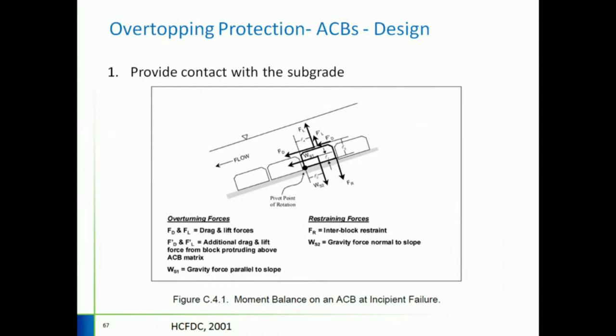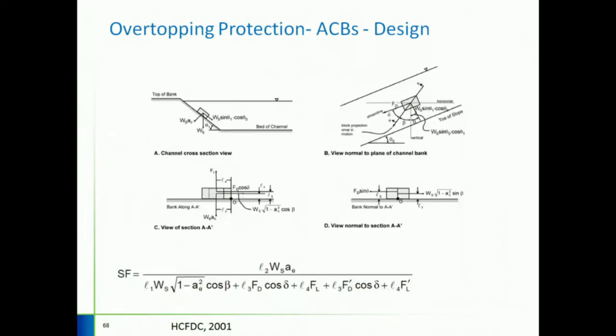So the design is based on a moment-based method of an individual block. In this method, you disregard the tie between the ACB blocks, where you actually have a tie in between those blocks. And the design is based on a safety factor that you calculate based on slope parameters, flow parameters, and the forces involved in the free body diagram that you saw earlier.